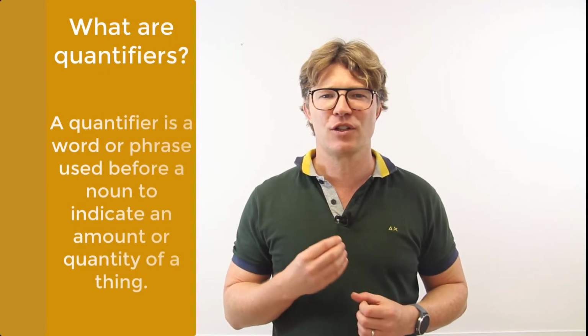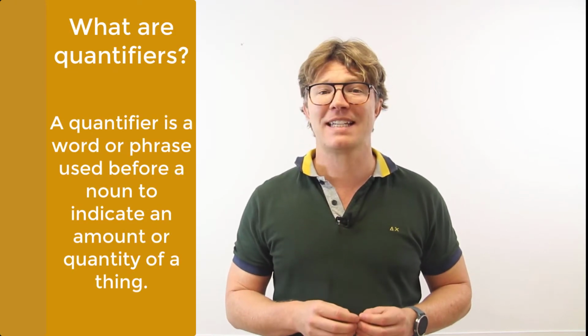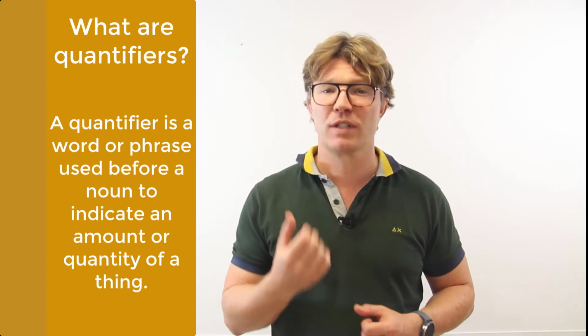So first, what are quantifiers? Basically, a quantifier is a word or a phrase used before a noun to indicate an amount or quantity of a thing. There are quantifiers to describe large quantities like a lot, much, many, small quantities, a little, a bit, a few, and undefined quantities such as some and any. And there are also quantifiers that express ideas of sufficient or insufficient amount, so enough and plenty.